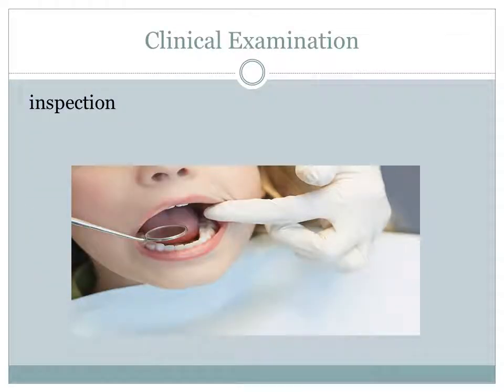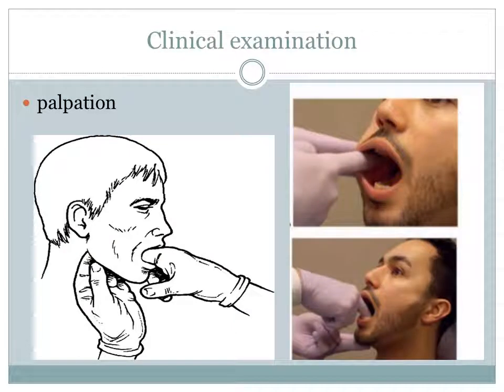Clinical examination involves inspection, related to vision, where we see if there is any lesion in the mouth. After detecting any lesion in the mouth, we should palpate it. Any detected lesion should be palpated by a gloved finger to determine its texture.